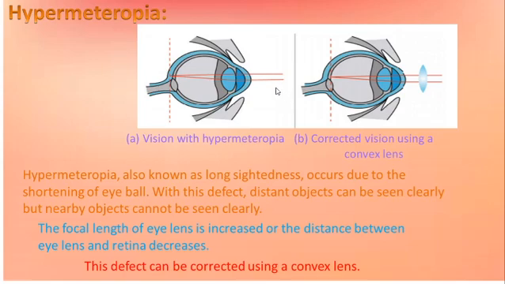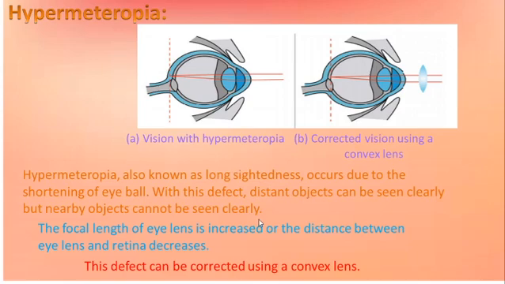The focal length of the eye lens is increased, or the distance between the eye lens and the retina decreases. You see, this is the eye lens, this is the retina. Hence, the near point will not be at 25 cm for such eyes, and the near point has moved further.